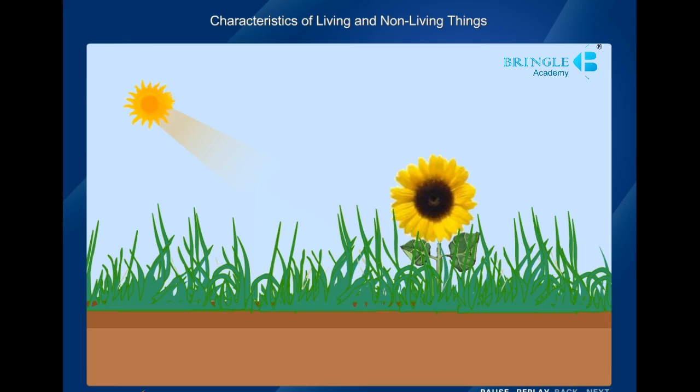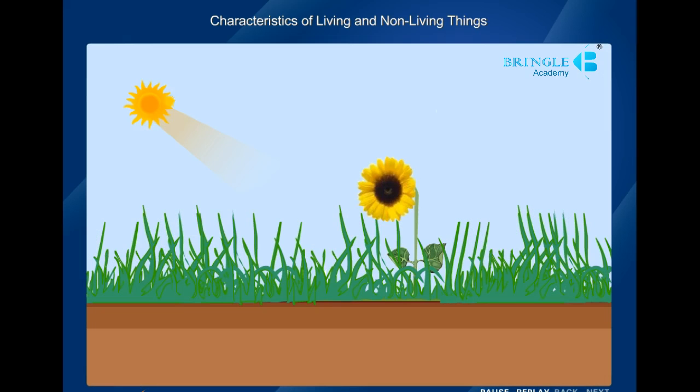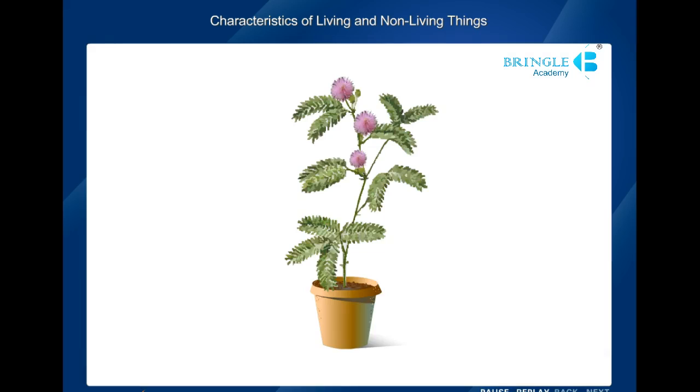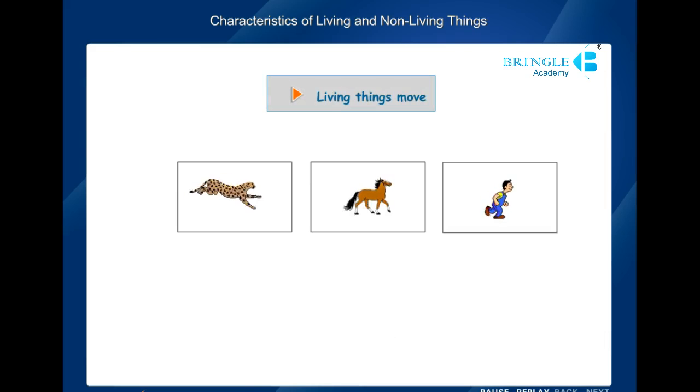It is in fact growing towards the source of light. You can see here that the sunflower slowly turns and faces the sun. Yes, it can feel the sunlight. The touch-me-not closes its leaves as soon as you touch it, as it can feel your touch.